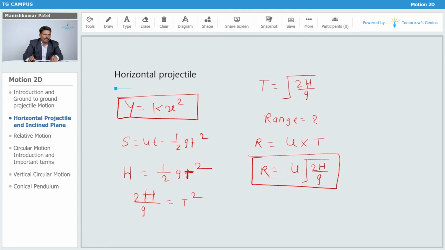This is how we get the equation for the parabolic path, then the expression for the time of flight, and then the expression for the range also. That is how we can calculate the various quantities for horizontal projectile motion.